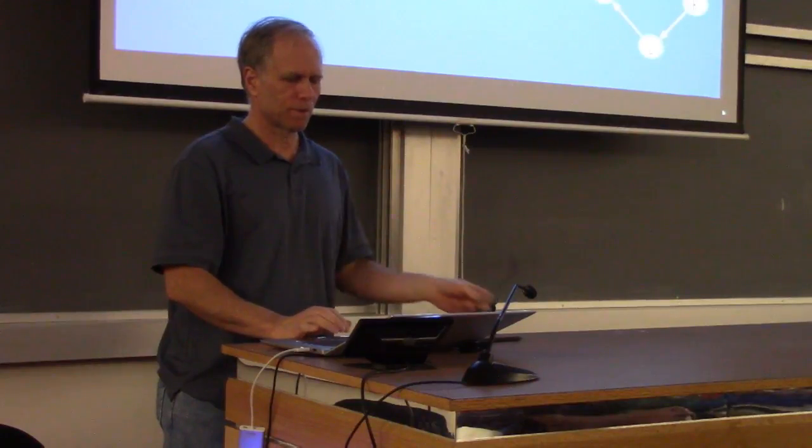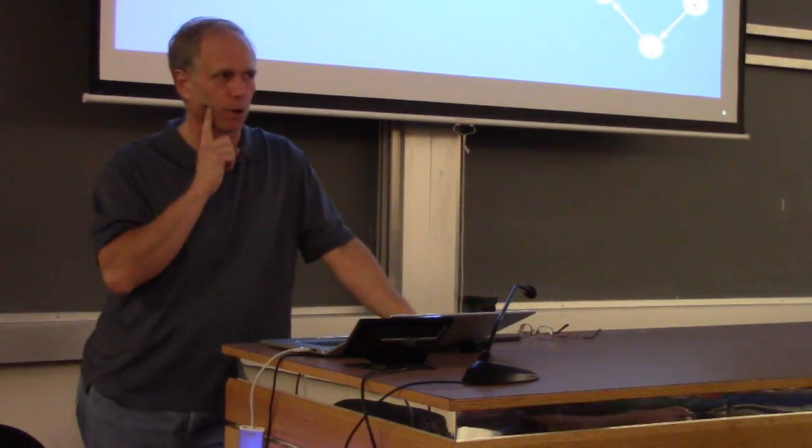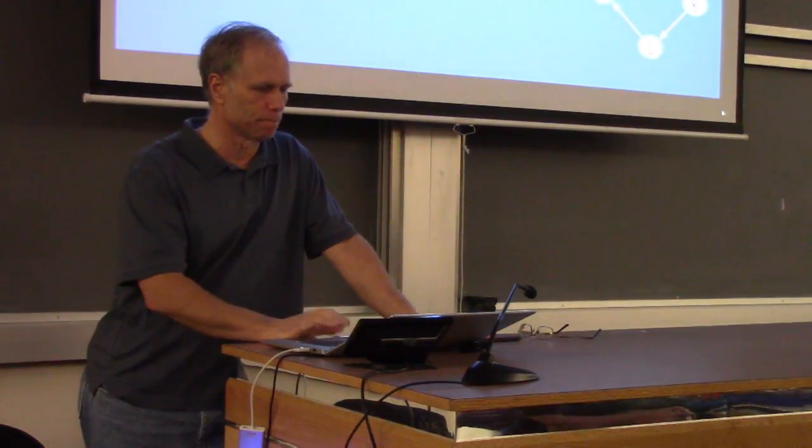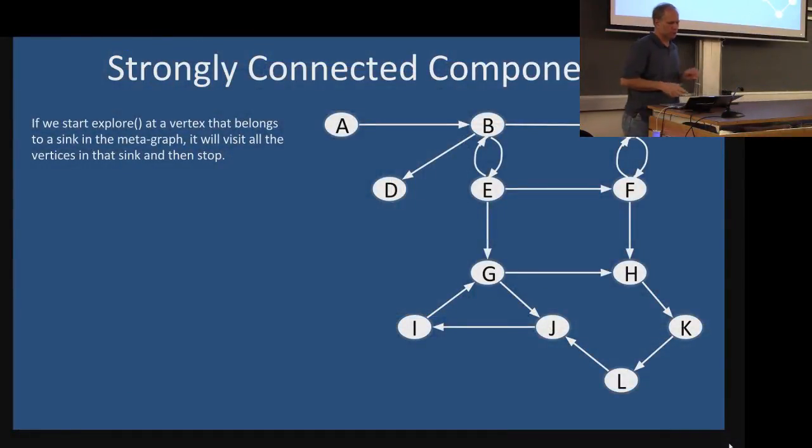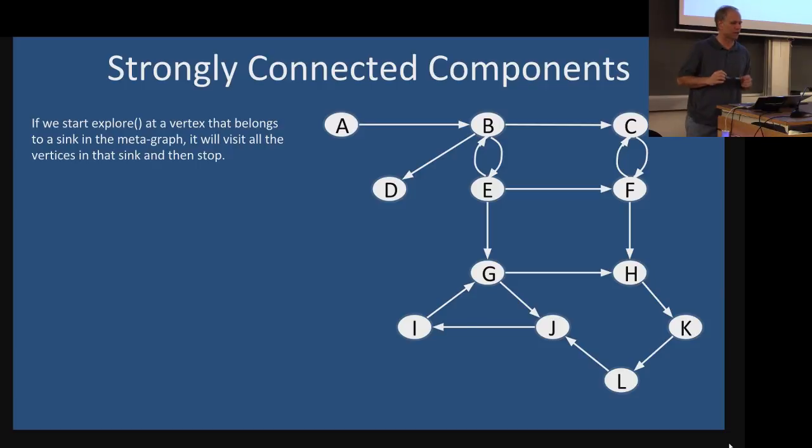All right. Well, let's see if we can sneak up on an algorithm for identifying strongly connected components. Here's a statement. See if you believe it. If we start exploring a vertex that belongs to a sink in the metagraph, now, the metagraph isn't shown here, but remember what it is, if you start at a vertex that would be part of a sink of the metagraph, I claim it will visit all the vertices in that sink and then stop.